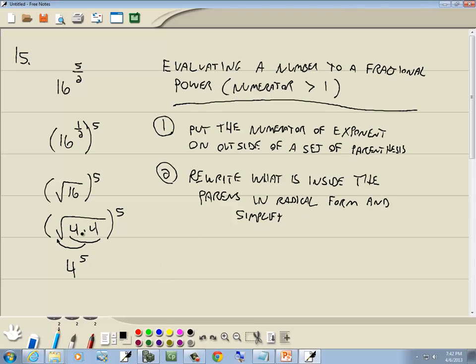Now simplify even, not just the radical, but now you take this to the 5th power. 4 to the 5th power is 1024. And that's our answer.